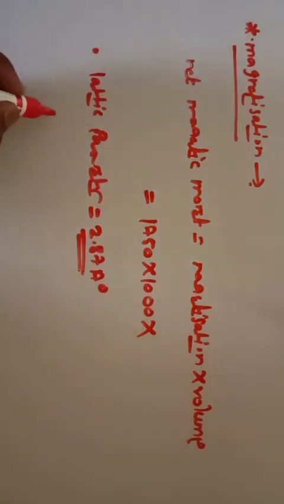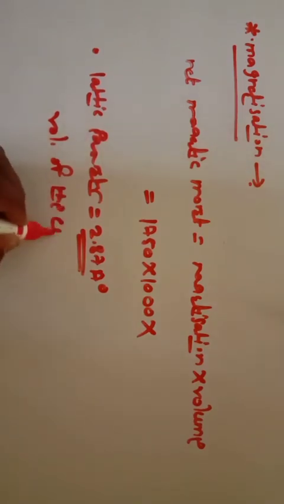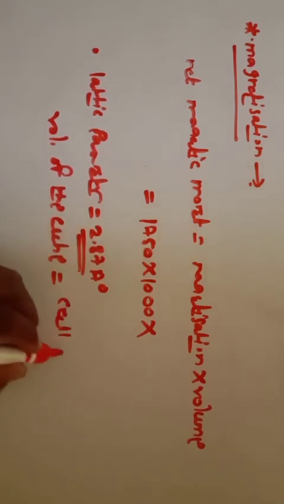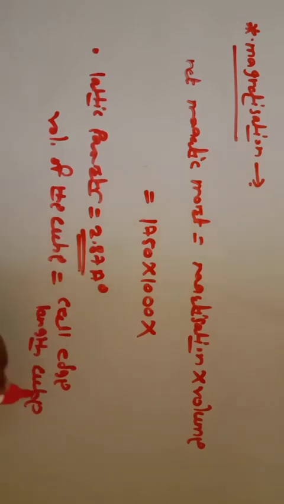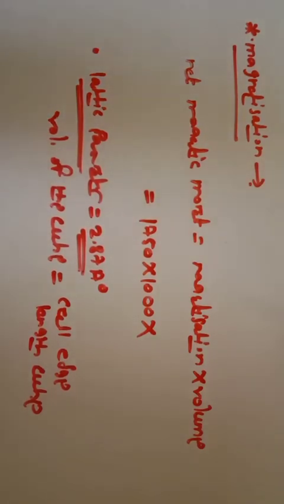You should keep in mind that the volume of the cube is equal to the cell edge length cube, and this lattice parameter is nothing but the cell edge length, the length between two corners of the unit cell.